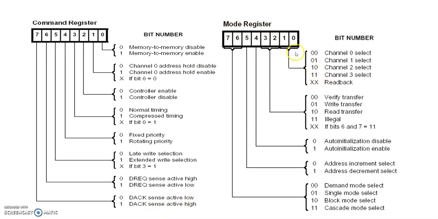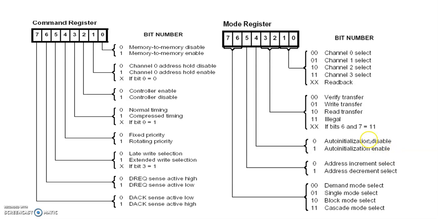Next one is the mode register. The mode register has 2 bits for channel selection: channel 0 means 0 0, channel 3 means 1 1. The next 2 bits are verify transfer, write transfer, read transfer, or illegal. The next bit: 0 means auto initialization disable, 1 means auto initialization enable.